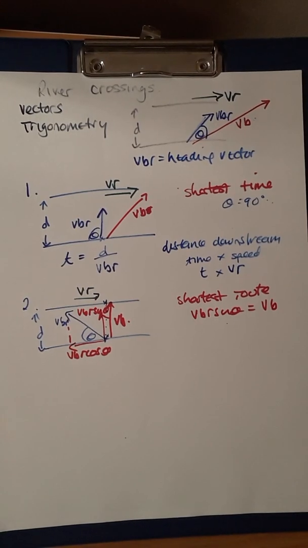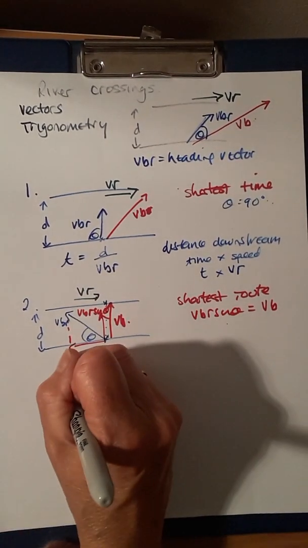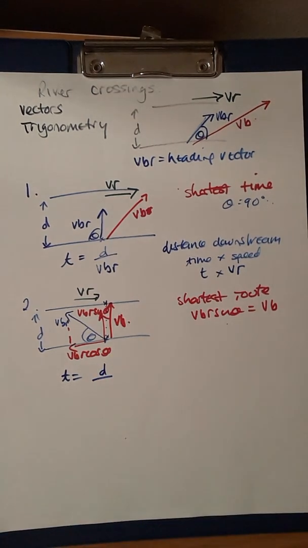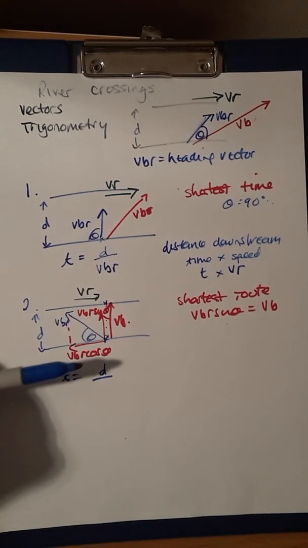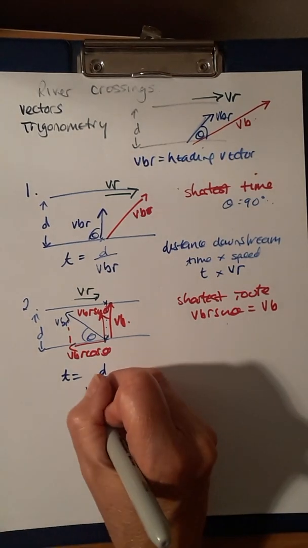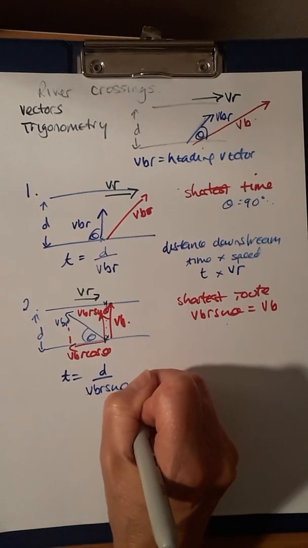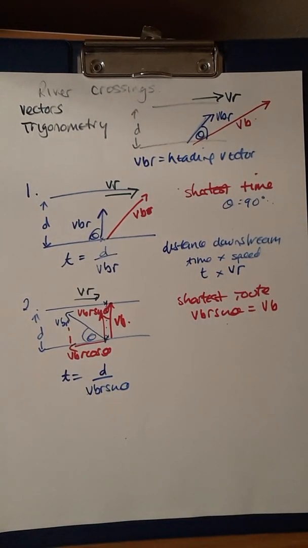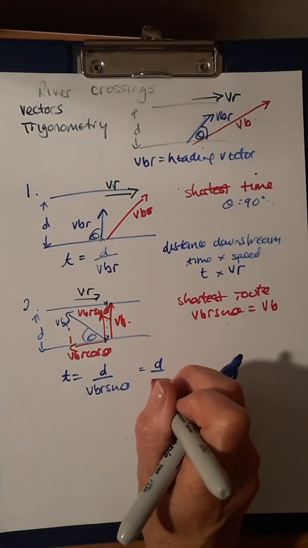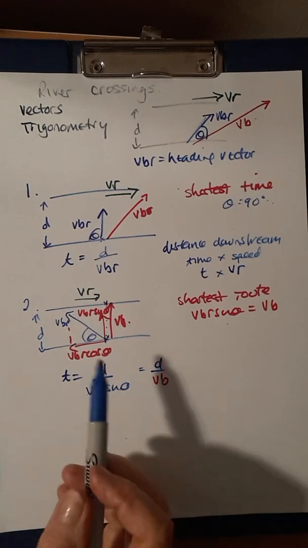Okay, so let's see, what can I find here? I could find the crossing time. The crossing time is the distance divided by the velocity or the vector that takes me across the river. Now, the one that takes me across the river is VBR sine theta, which happens to be the same as saying d over VB in this case, because they are the same.